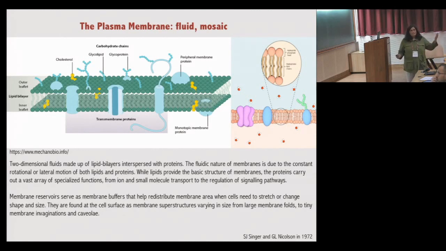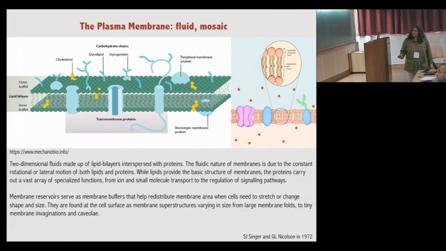And in a simple way of looking at it, the membranes can have lots of infoldings within them that get stretched out and increase the surface area available when, for example, they need to increase in volume.